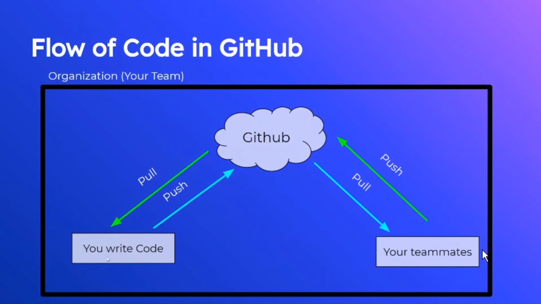Essentially, you write the code, and then you can push the code to the cloud, or GitHub, and your teammates are able to pull that code, make edits, and push it back to the cloud where you can then pull it. So it's very convenient, and it's great for synchronizing code.